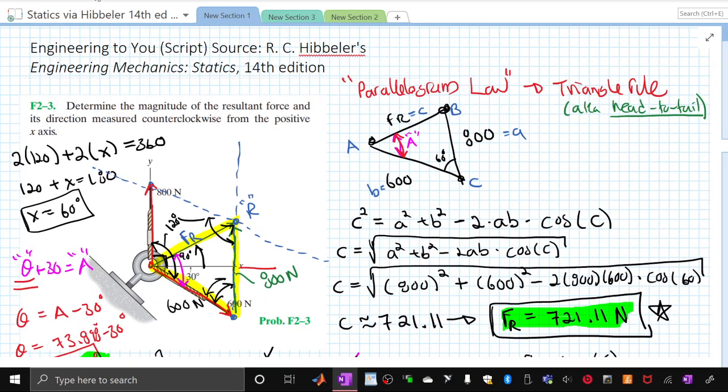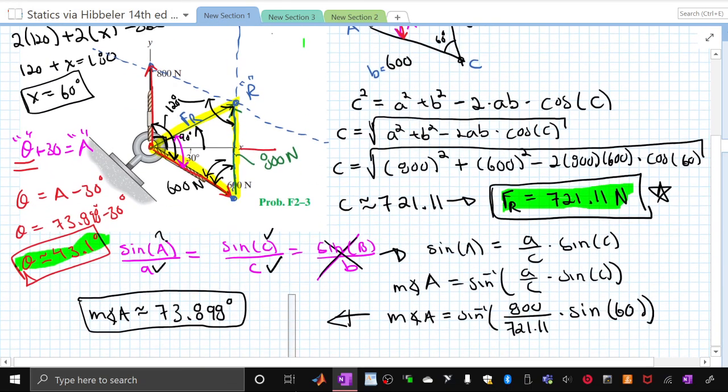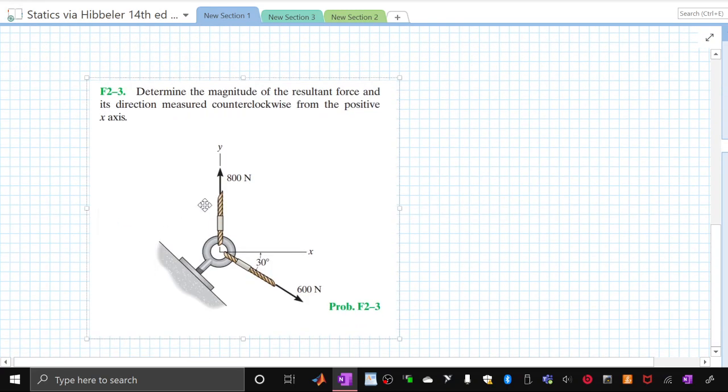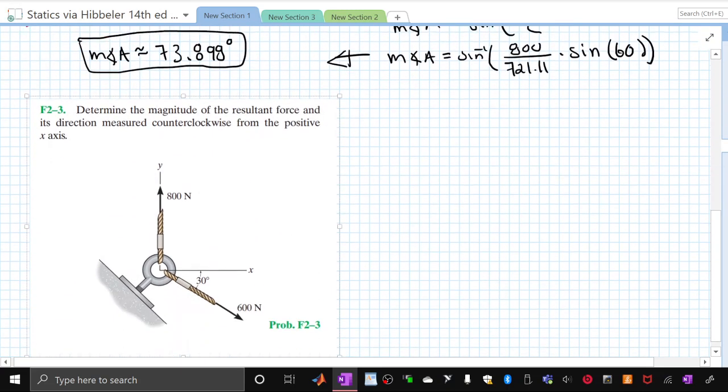Now, just to conclude this problem, I'm going to do something real quick to show you more or less what is happening in the physical world. So yes, we just did the math, but what is actually happening?